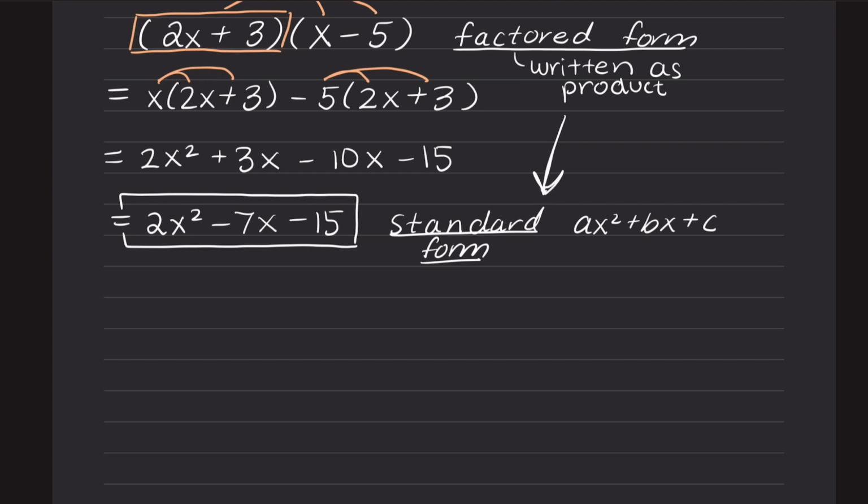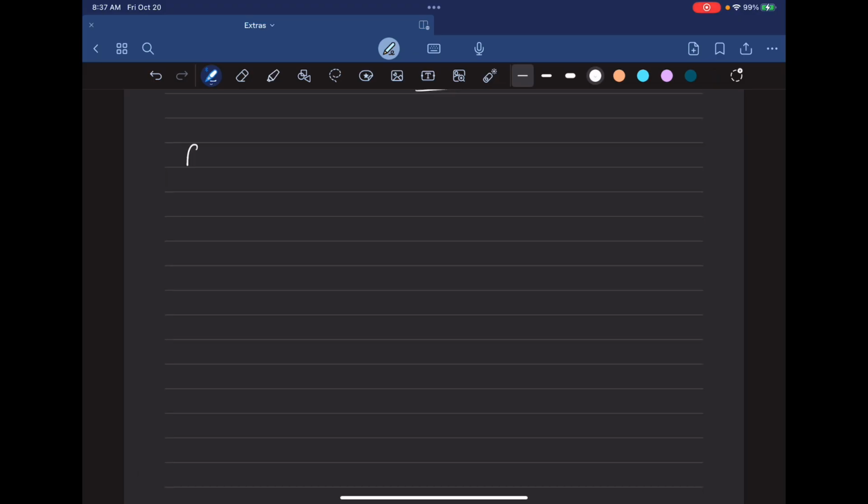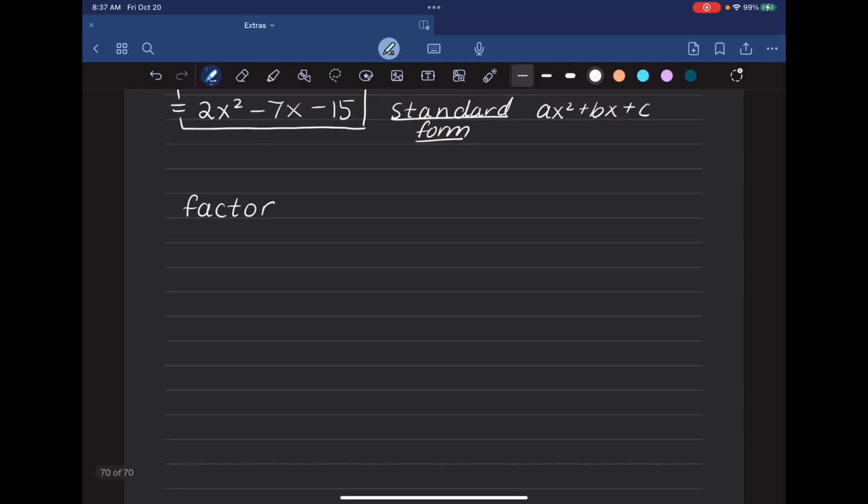If I factor it, and I'm going to use the AC method, it's going to take us from standard form to factored form. So we're going to reverse this process, right? I wanted to factor the polynomial 2x squared minus 7x minus 15 using the AC method.